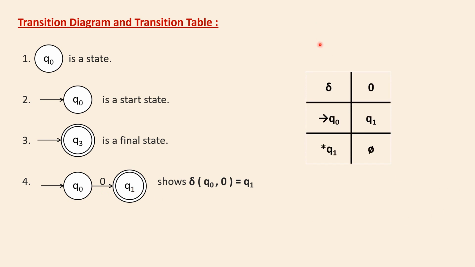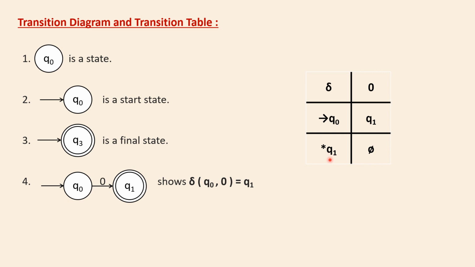This is the transition table where in the first column we will be having all the states. In this diagram, we have Q0 and Q1. So here we have written Q0 and Q1. We have a small arrow here to represent that Q0 is the start state, and here we have a star to represent that Q1 is a final state. We will always have one start state.